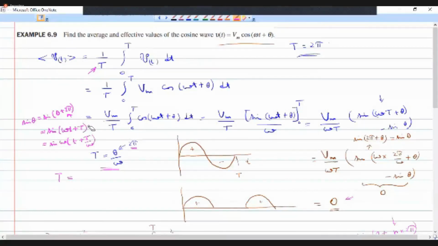Sorry, here it should be 2 pi into t. Now I take omega out of here.